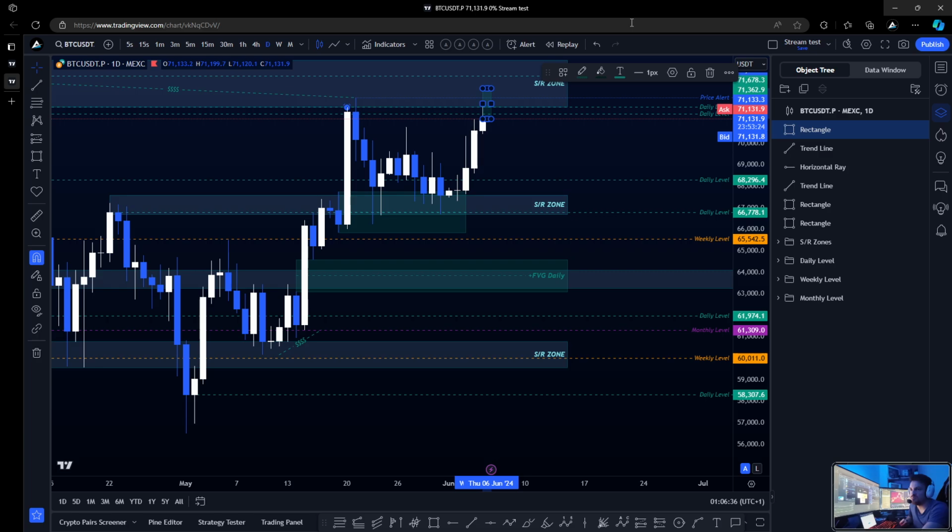You can get a short anyway, but you have to be aware that we closed above that level, so the short might only have the potential to being a scalp, for example, not exactly a big swing trade down there.